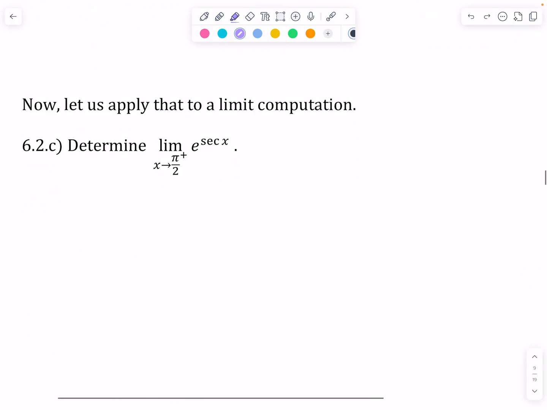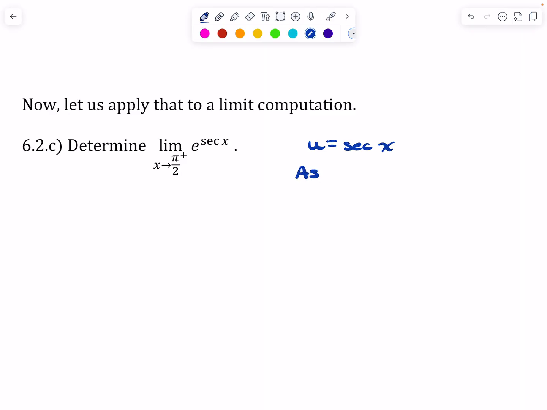But this is super key in evaluating that limit on the next page. Let's take a look at it. My goodness, it still looks so gross and scary. But we can manipulate this, because I will let u equal secant of x.